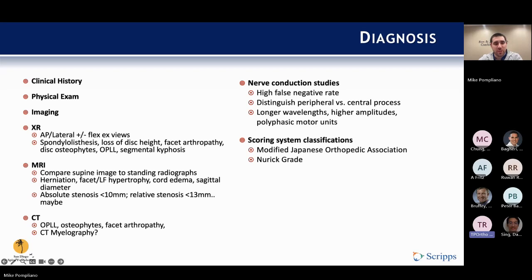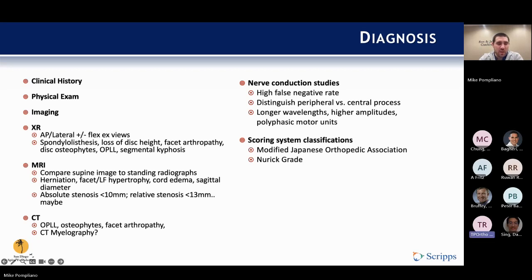And then with respect to imaging, you have X-ray, MRI, and CT, which are typically utilized to help. AP and lateral standing radiographs with gravity can show some subtle spondylolisthesis or other spondylosis that's present. You can also get flexion and extension views for a dynamic look at underlying pathologies that may not be present on a static radiograph.